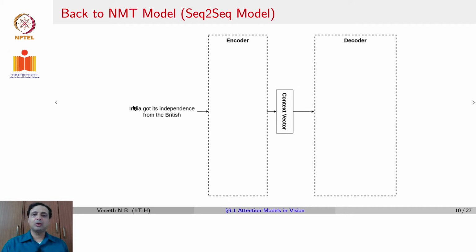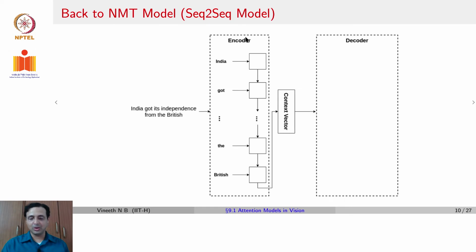So if you had an input sentence which says India got its independence from the British, let's say now that we want to translate this English sentence to Hindi. What you would do now is you would have an encoder network, which would be a recurrent neural network, an RNN, where each word of your input sentence is given at one time step of the RNN, and the final output of the RNN would be what we call a context vector.